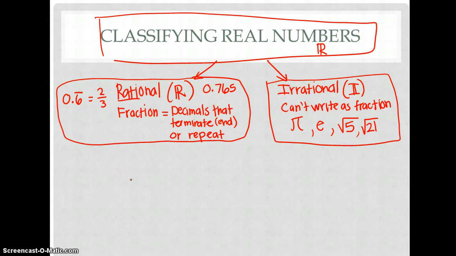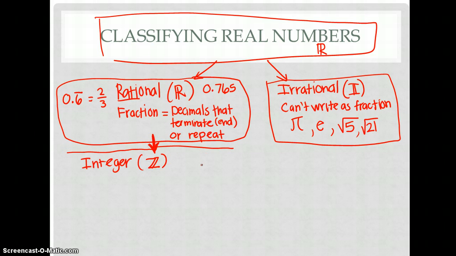That's the only category we have under irrational, but under rational we have a few more categories, smaller groups. We're getting smaller, smaller, smaller. The next smaller group under rational would be the integer group. Integers we represent with the letter Z, block letter Z, because of the root of the word in German.